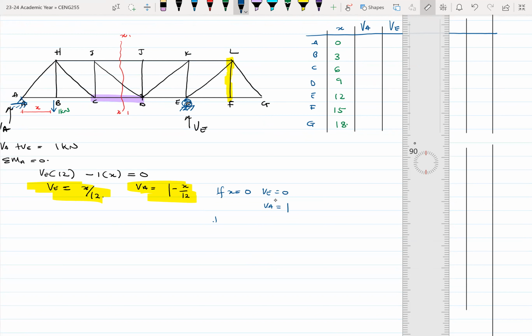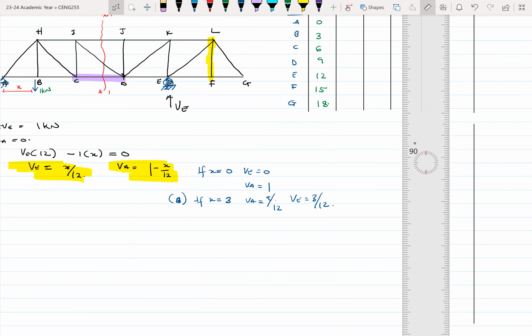If X is equal to 3, that is at B, then VA will be 9 over 12, and VE will be 3 over 12, which is the same as 1 over 4.